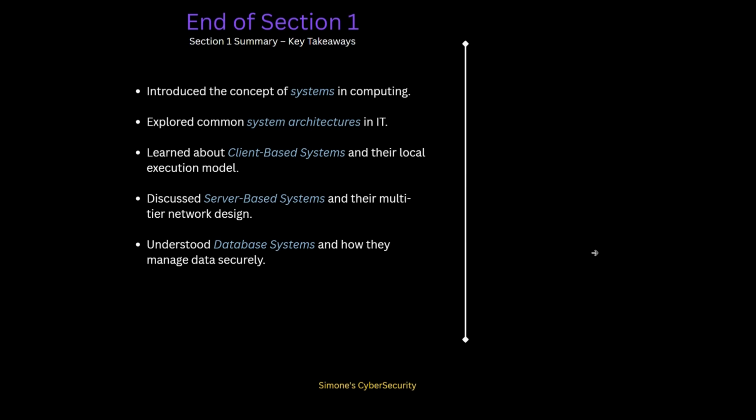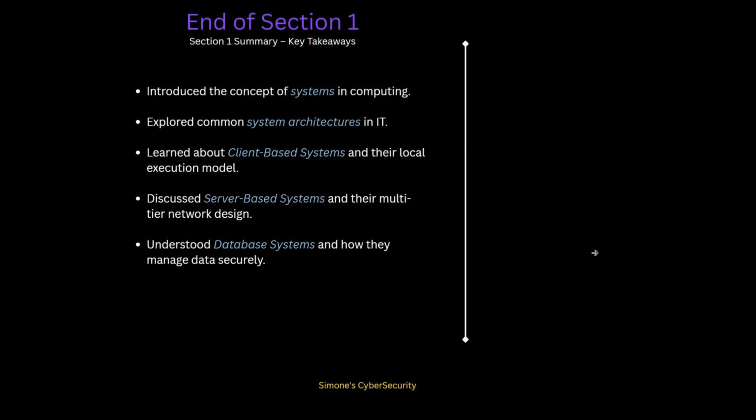Then we explored some common system architectures in IT systems, such as client-based systems, the simplest kind, which run locally on a single device and have risks like weak authentication and data exposure. The next system that we looked at in IT systems was server-based systems, which are more complex, multi-tier designs that you usually see in web applications. And then finally, we studied the architecture of the database system.